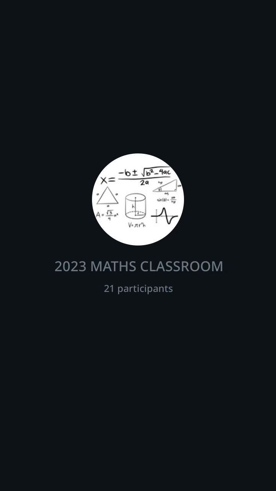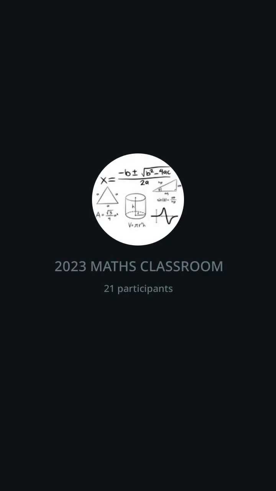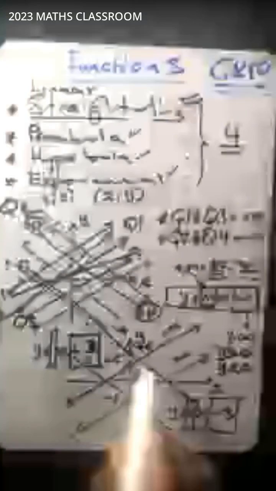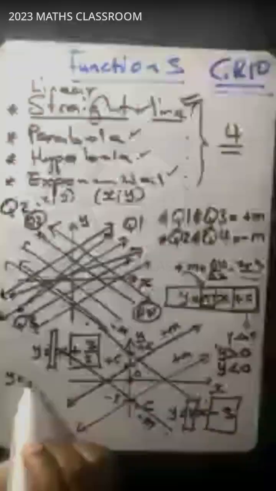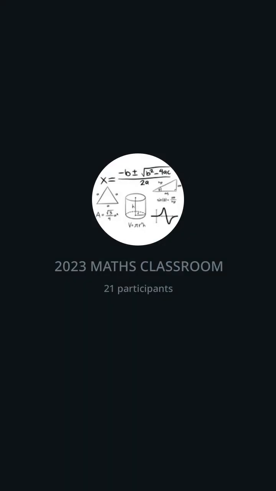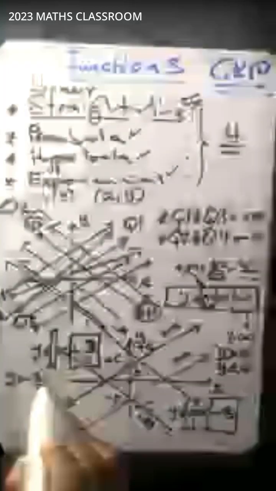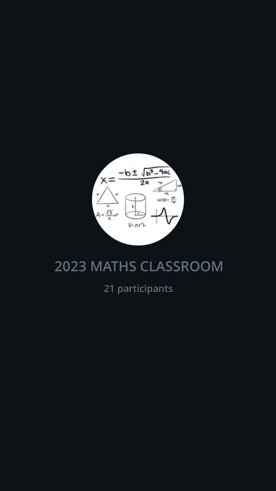You might have something similar to y equals negative 3 over 2 x, and then the c value is positive 7, just as an example.